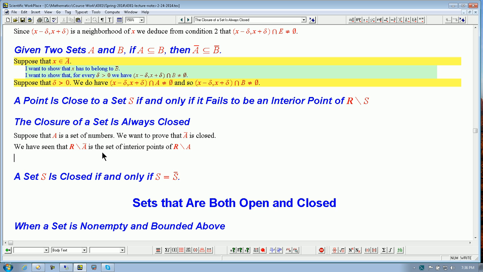Now, we know that the set of interior points of this set, or in fact any set, must be open. Isn't that right? I did it with you when we studied interior points. One of the things that we saw, and you have to turn back, I explained to you why the set of interior points of a set always has to be open. I did it.